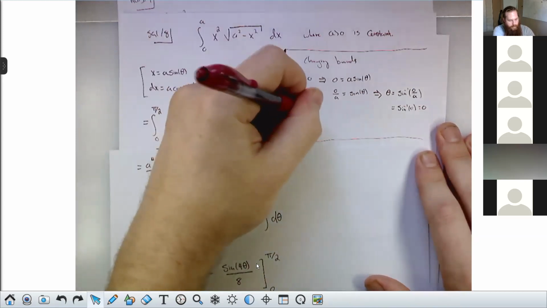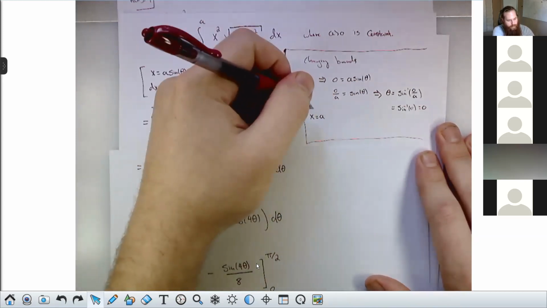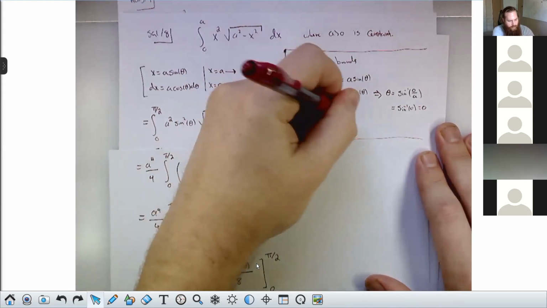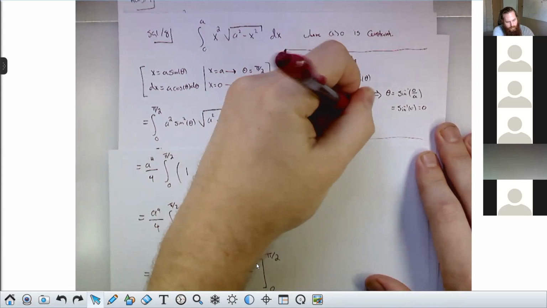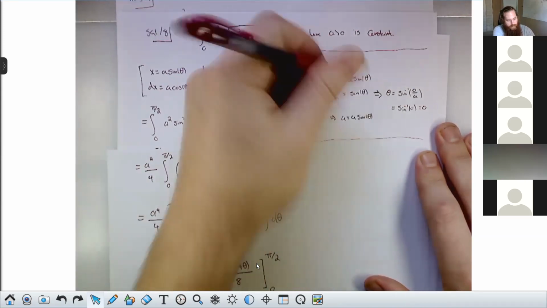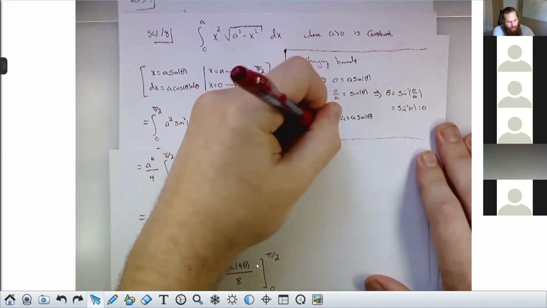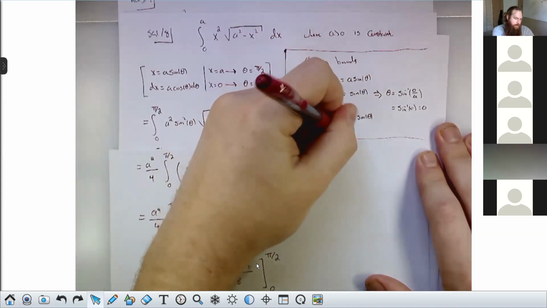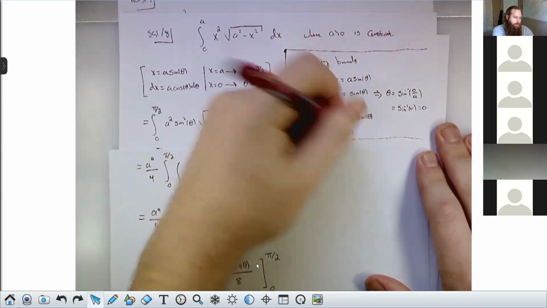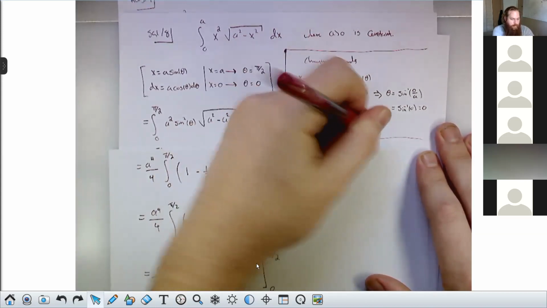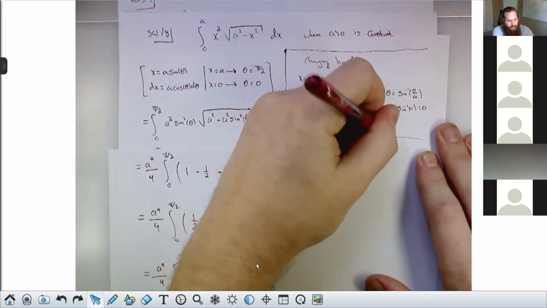Similarly, when x is equal to a, we have a equals a sine theta. So a over a is sine theta. In other words, theta is the inverse sine of a over a.